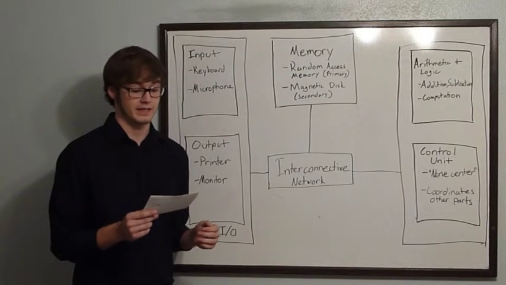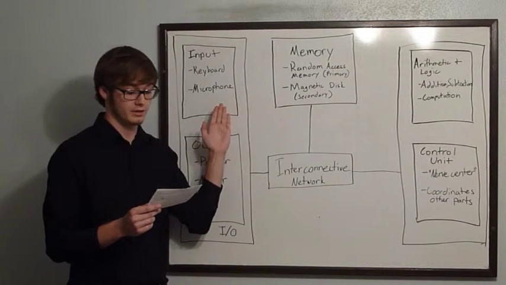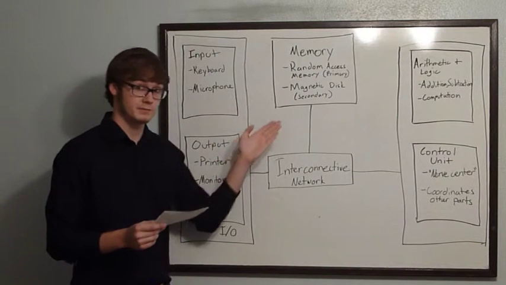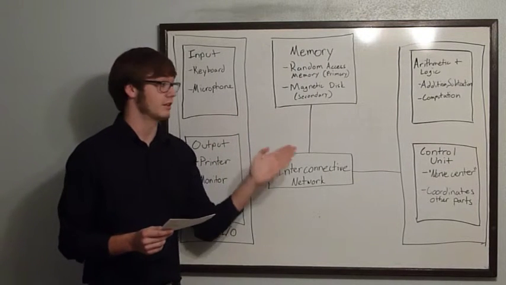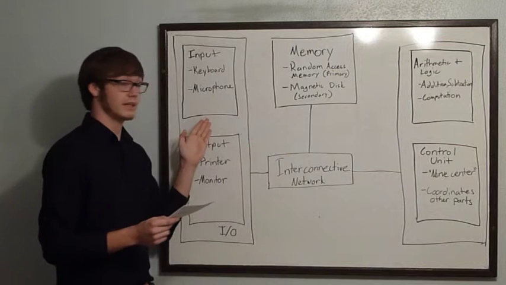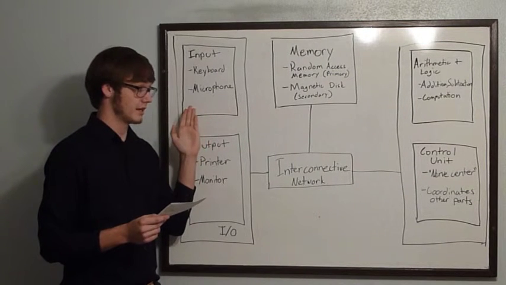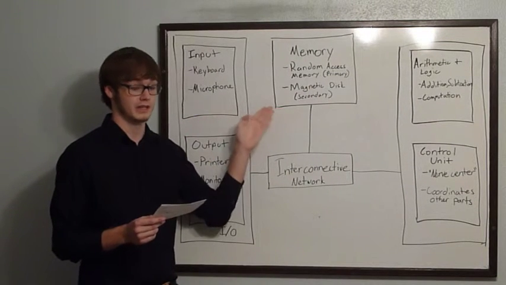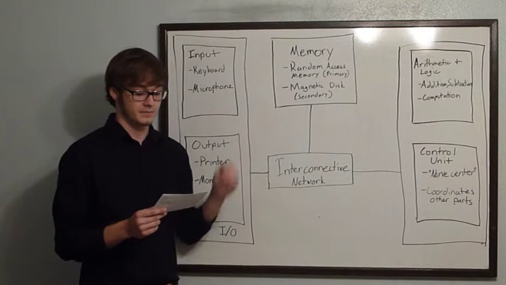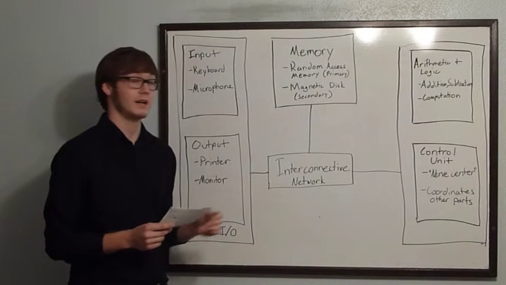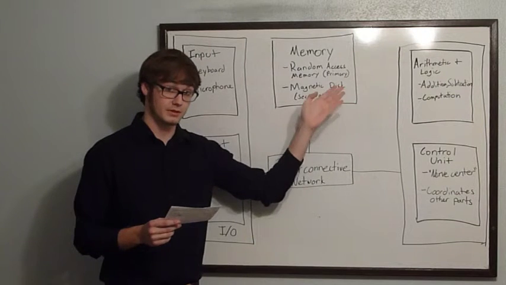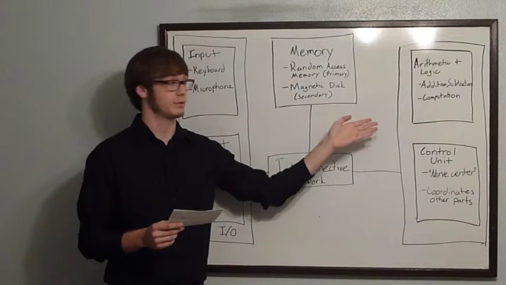For example, a key is pressed in the input and is meant to be stored into memory. The control unit needs to recognize that input has been initiated and tell memory that it needs to store it. Once it has been stored, computation might need to be done on this input.